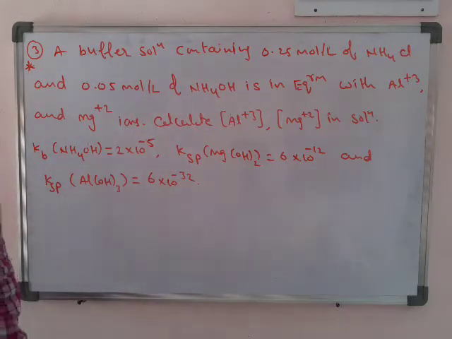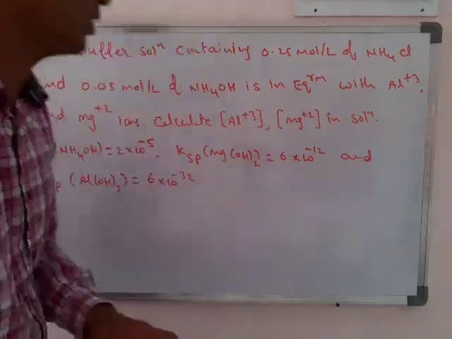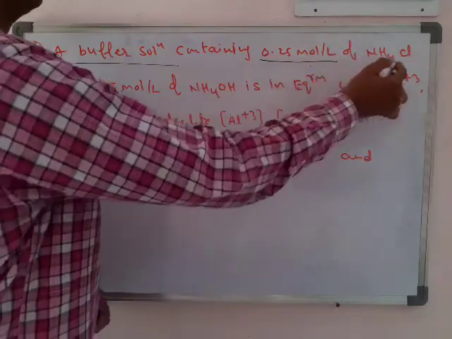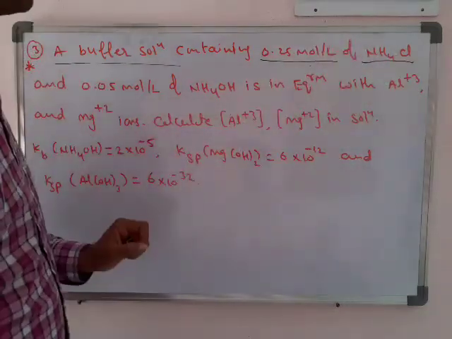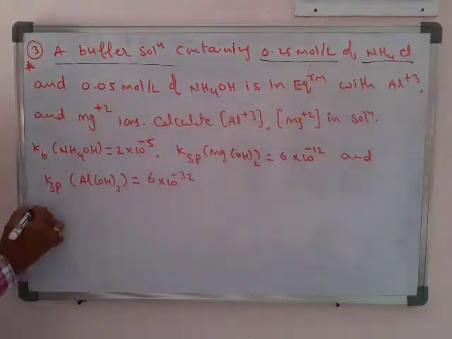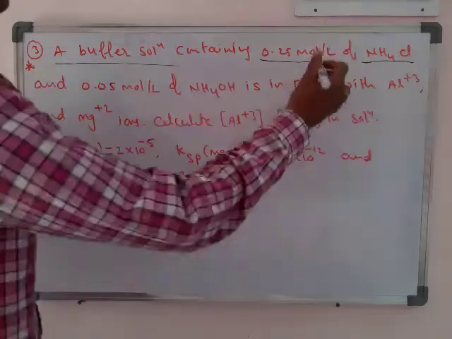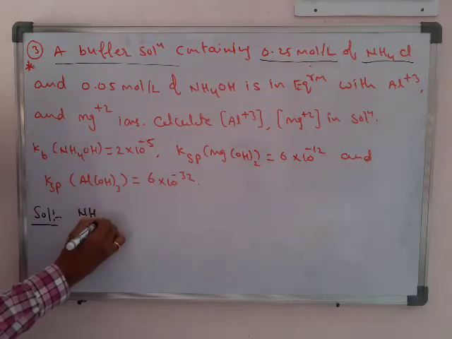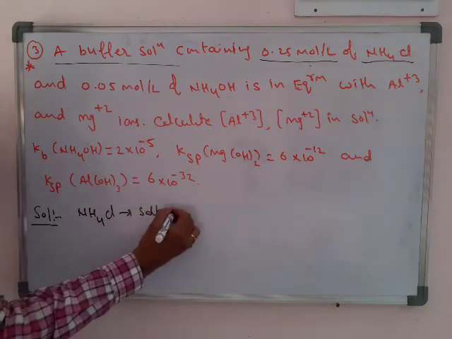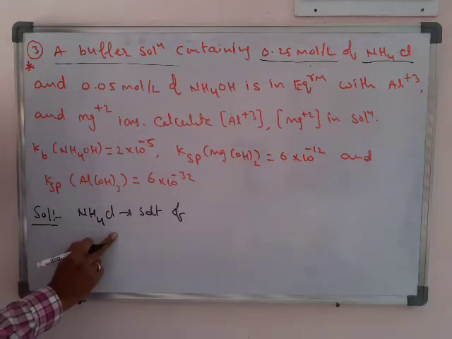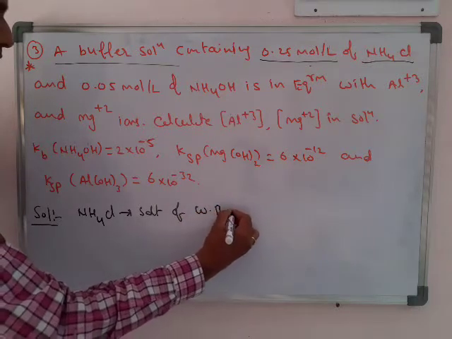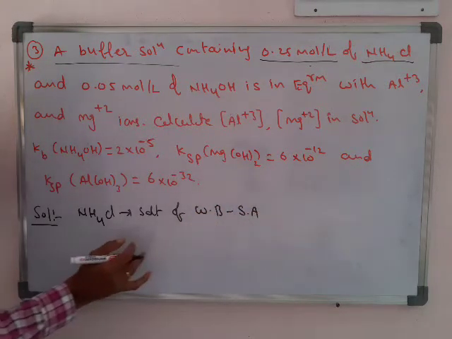So I will explain the problem. A buffer solution containing 0.25 moles per liter of ammonium chloride. We have to recognize which type of salt ammonium chloride is. Ammonium chloride is a salt of ammonium hydroxide and HCl, which means it is a salt of a weak base and strong acid.